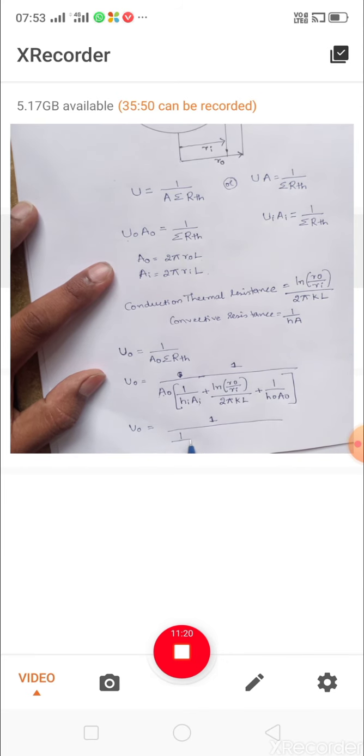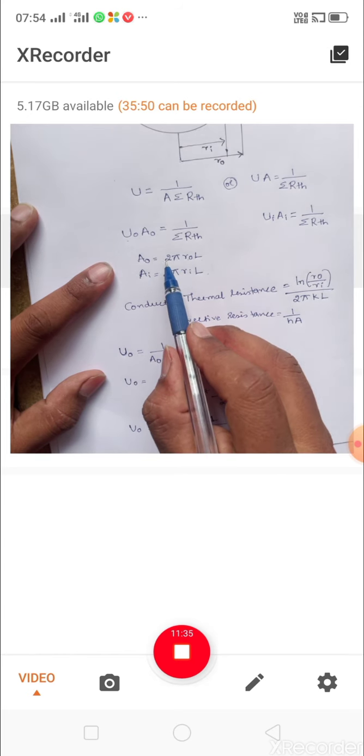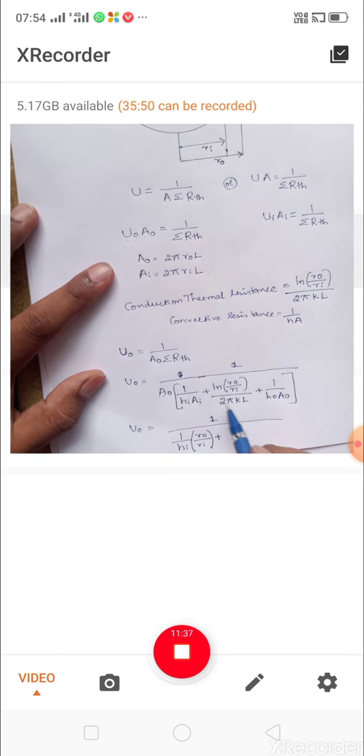So I will write here 1 divided by Hi into R naught divided by Ri, plus, in the denominator 2 pi KL is there, and in the numerator A naught, that is 2 pi R naught L. Again 2 pi L gets cancelled.